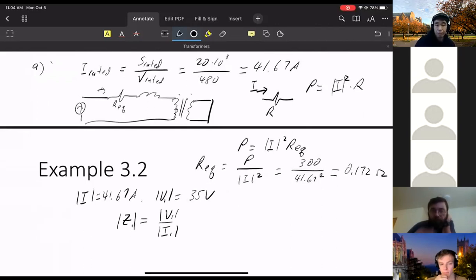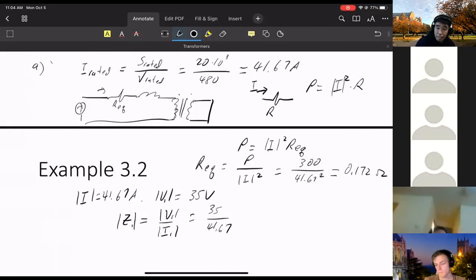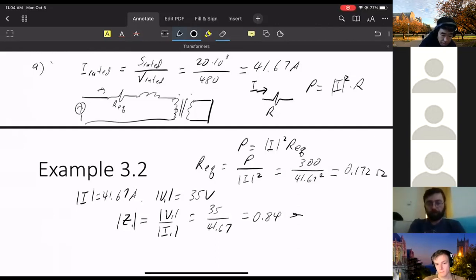I can figure out the magnitude of the impedance: 35 over 41.67, which is 0.84 ohms. Any question about finding out the magnitude?